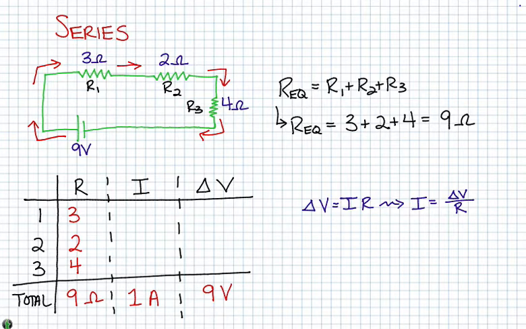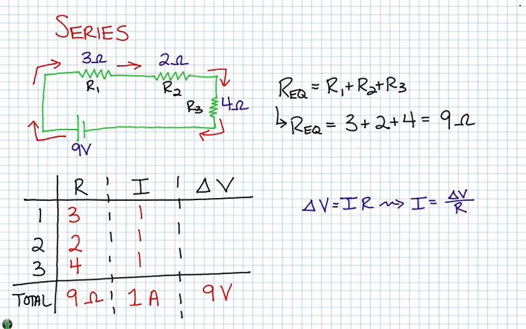Once we have these, the next logical step is to say, if I have 1 amp of current traveling here, it has no other path to go through except for this one simple circuit. So that must mean that the current here, here, here, here, here, this is all 1 amp, which means that the current passing through each resistor must also be 1 amp. So if I list my current for each resistor, it has to be 1 amp because there's no other way that this current would change.